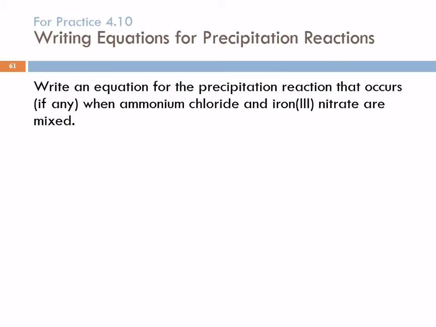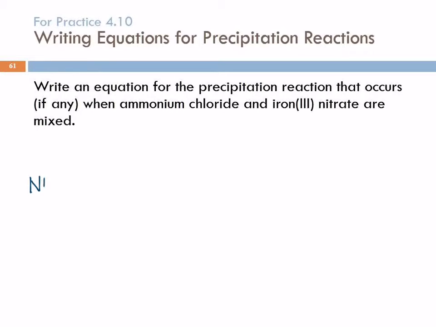Write an equation for the precipitation reaction that occurs, if any, when ammonium chloride and iron 3 nitrate are mixed. First thing is we need the formulas for the reactants. And we're going to practice our nomenclature here. So, ammonium chloride. I'm going to write my equation up here, and below it, I'm going to write my ion formulas with their charges.